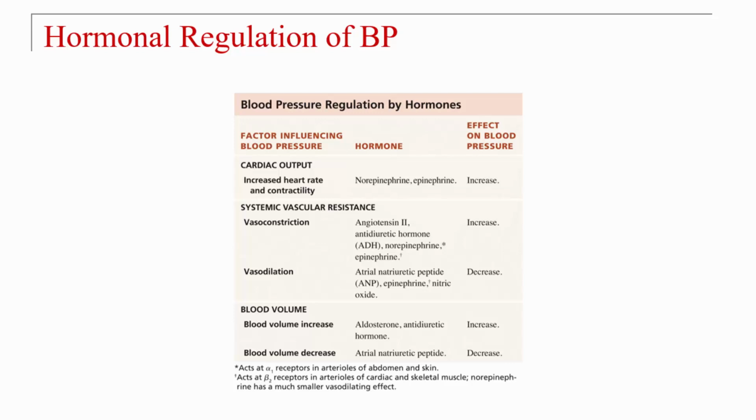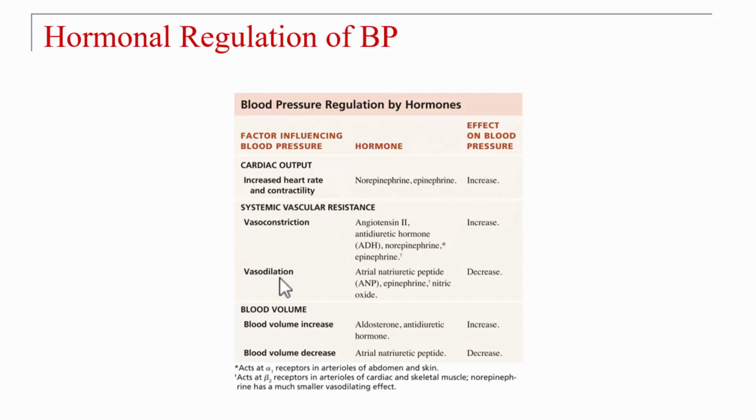As far as systemic vascular resistance goes, vasoconstriction, and the hormones that actually cause vasoconstriction are angiotensin II, antidiuretic hormone, norepinephrine and epinephrine, and that will increase blood pressure. And as far as these hormones go, that's going to be covered in the endocrine lecture.